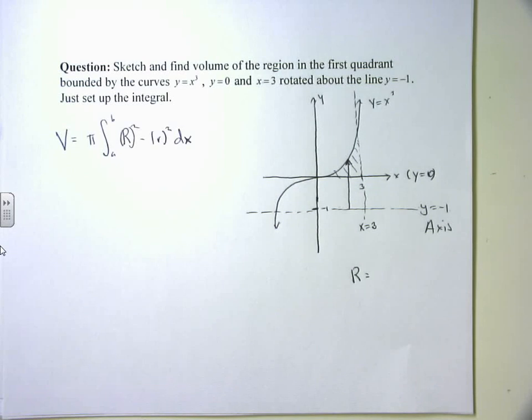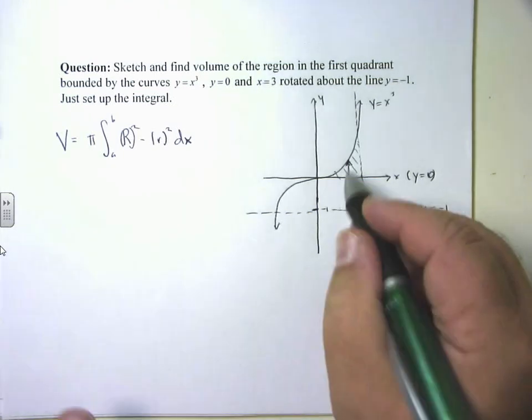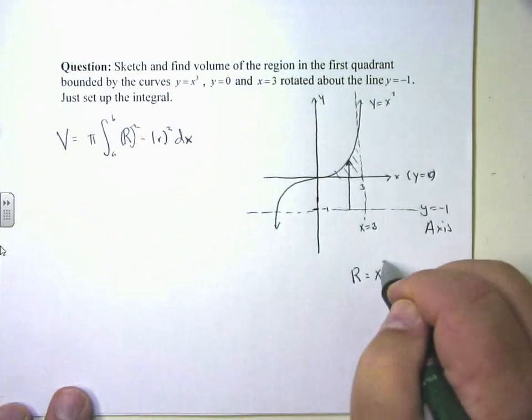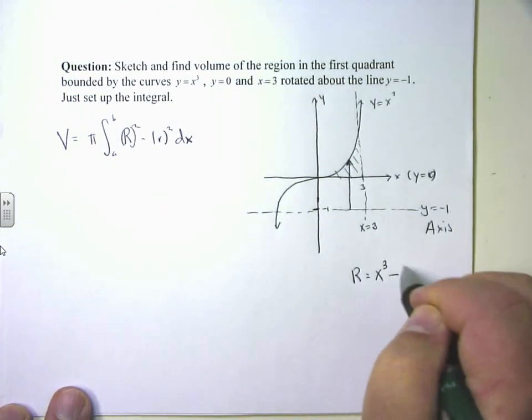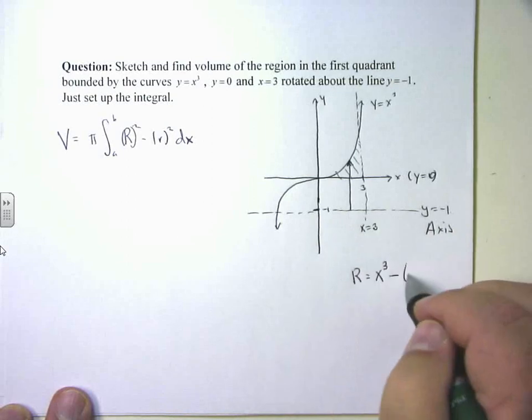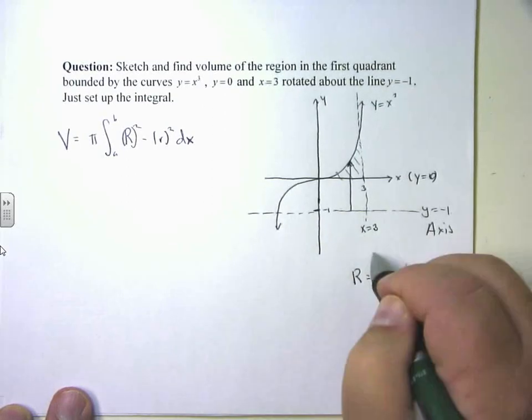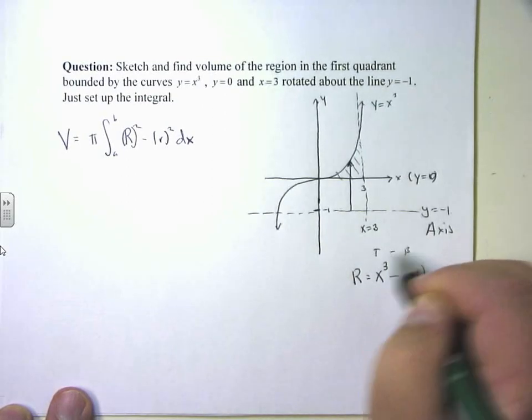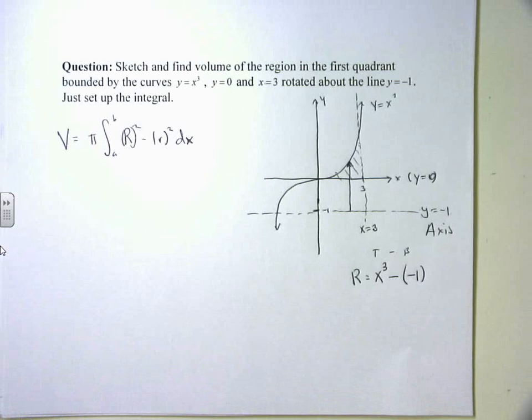Those words are going to come back and haunt you. So my big radius would be the top, which is x cubed, minus the bottom, which is the actual axis, -1. So it's top minus bottom to actually get the distance that you're covering for the big radius.